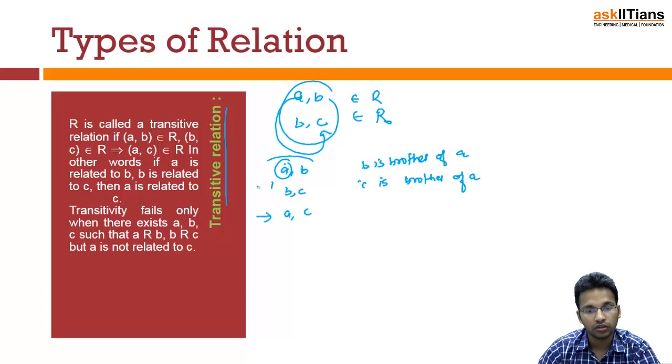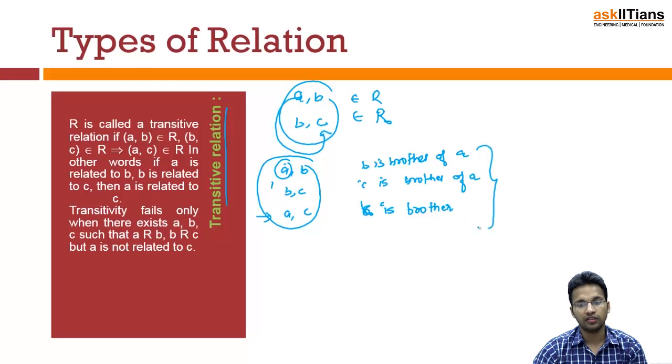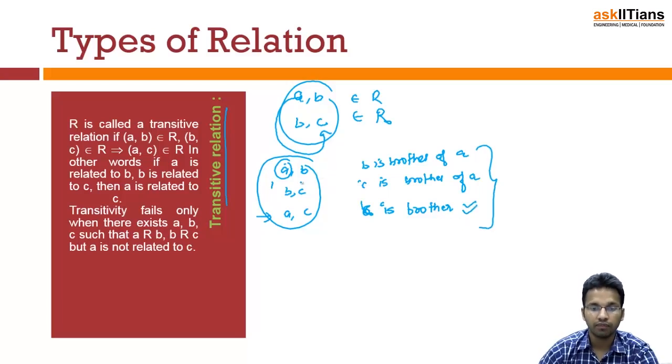If this is true, this will be transitive, which means C is the brother of A, which in this case would have been transitive. So you can say brother goes for transitive.